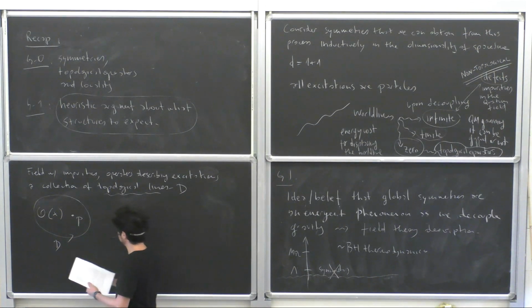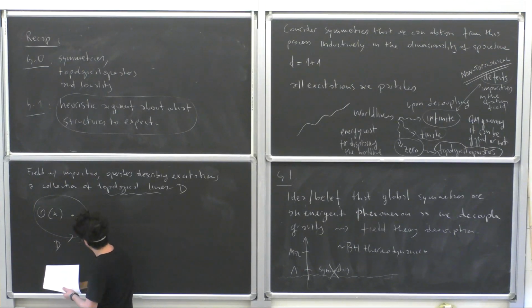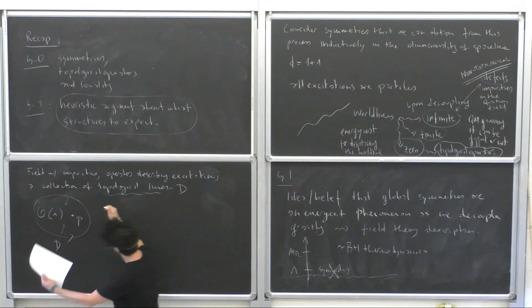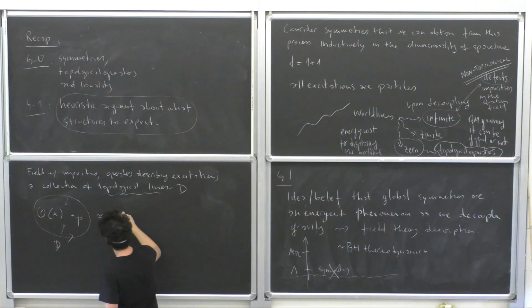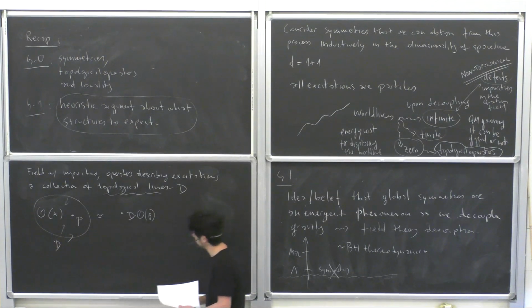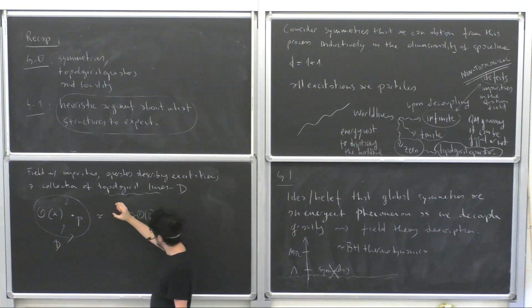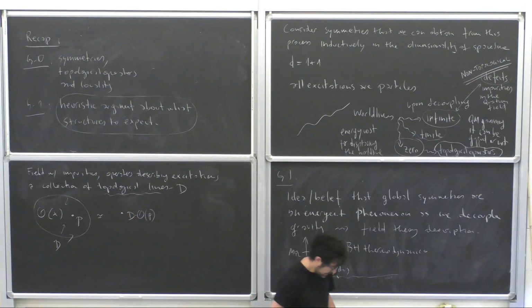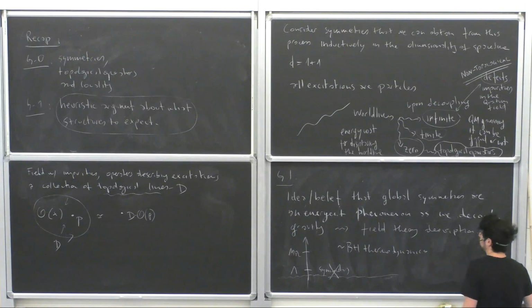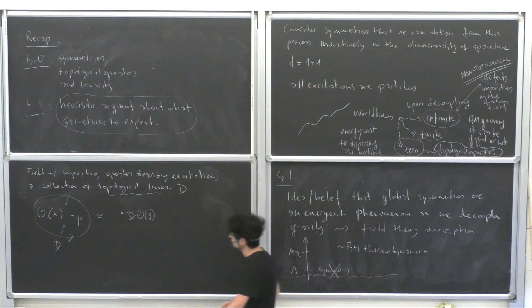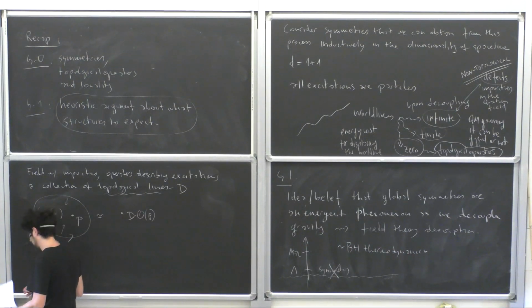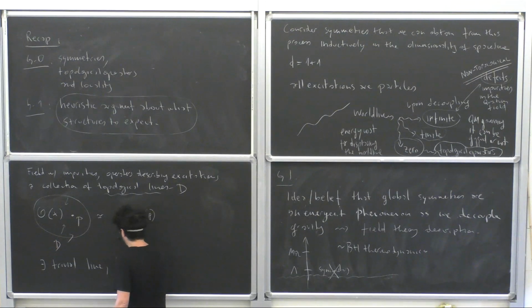Since we can essentially shrink these topological lines to zero size, we get an action of the line on the operator just by shrinking it. This is more or less the way in which we want to encode symmetries. Of course, there is a trivial line, which is a transparent line.